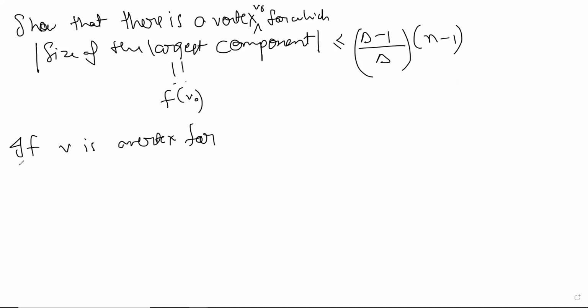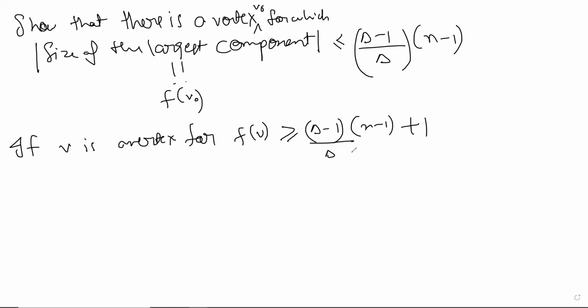So if v is a vertex for which f of v is bigger than or equal to this. Okay, this will look like a non-contradiction proof, but it is a contradiction proof in the end, but you'll see.